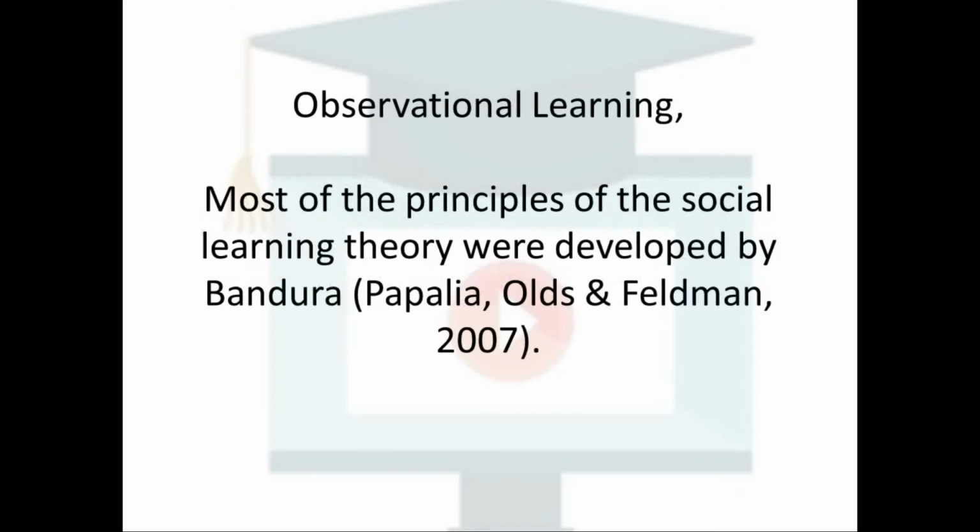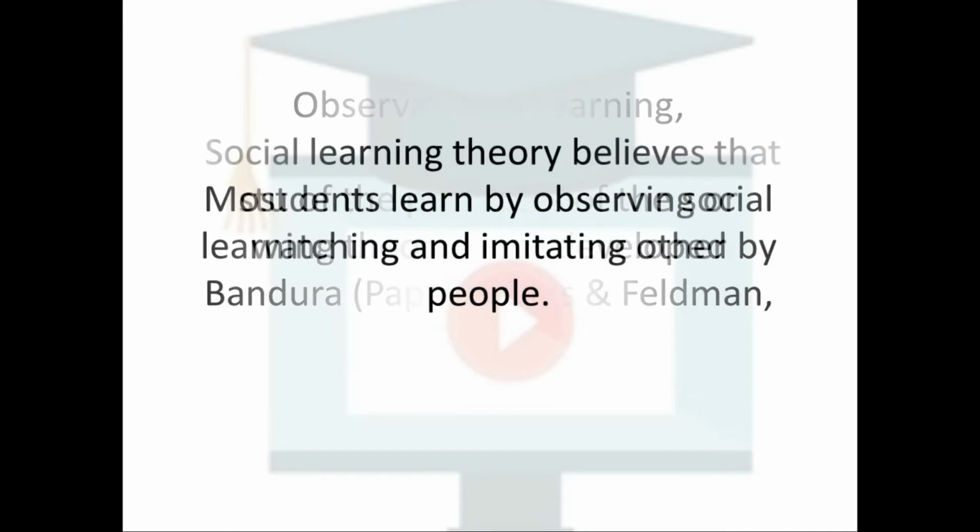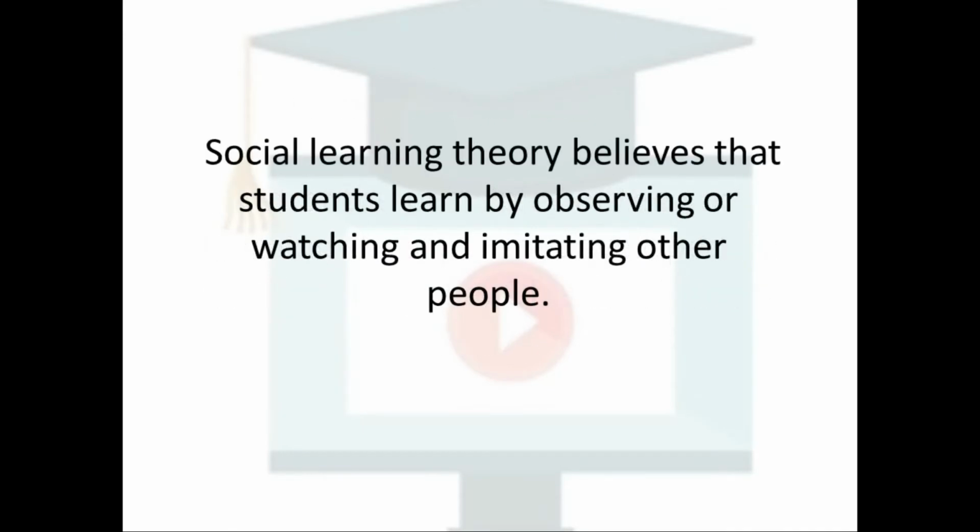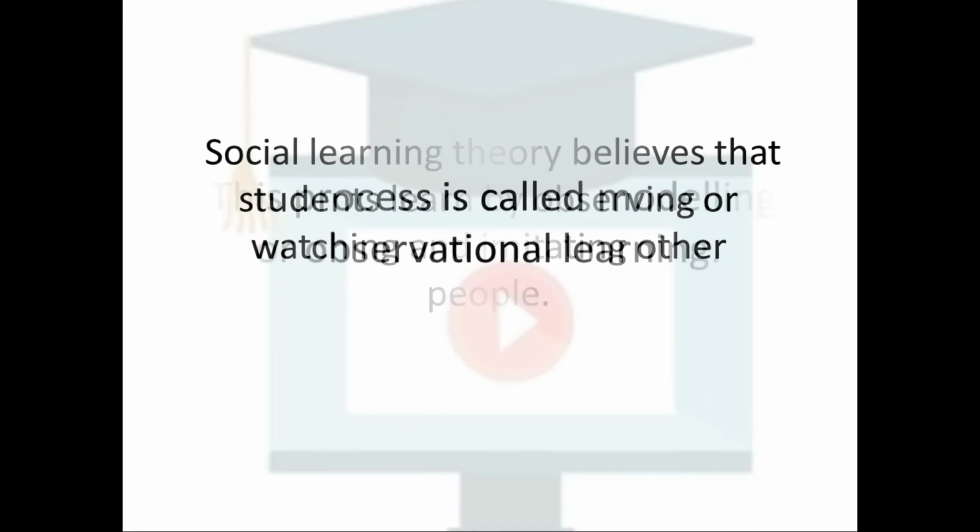Observational learning. Most of the principles of the social learning theory were developed by Bandura, Papalia, Olds, and Feldman, 2007. Social learning theory believes that students learn by observing or watching and imitating other people.